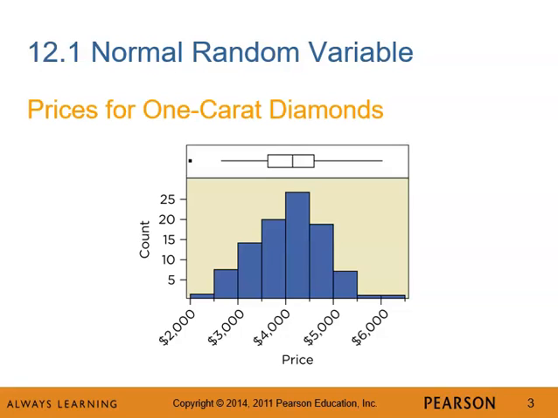Models for counts are not suited to amounts such as stock prices that can take on any of a continuous range of values. And that's the role of models based on random variables, such as the so-called normal random variable that we're going to talk about in this chapter. The normal random variable is not the only continuous random variable.